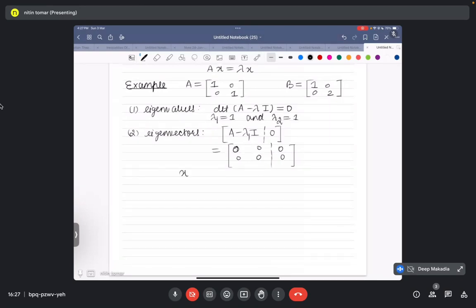So any x will satisfy this. It means x1, x2 is an eigenvector of A, for all x non-zero. Am I correct?